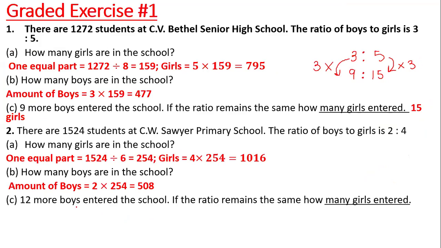12 more boys enter the school. If the ratio remains the same, how many girls entered? Tell us for that one. Well, let's do it. So we know that you say what, 24? That's a good question.